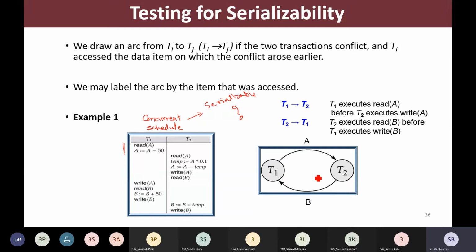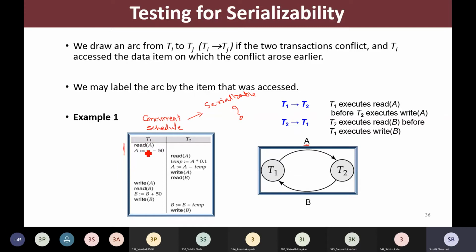Right? Now, see here, I'm drawing an edge from T1 to T2 and I'm labeling this edge with the data item A. See carefully. So why am I having this edge from T1 to T2?